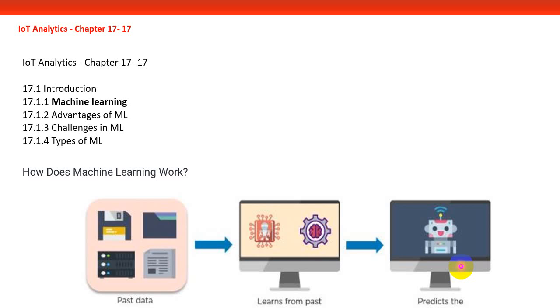Hope you understand what machine learning actually means. It does not only use the present data, it uses past learnings, and it will take decisions. Now I'm not going to cover the advantages and challenges. I will move to them at the end of this presentation.